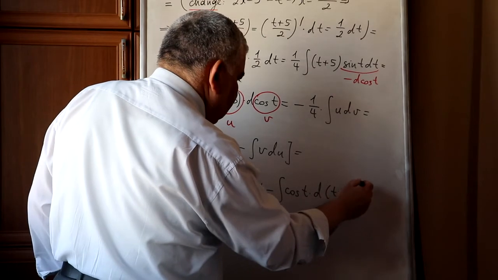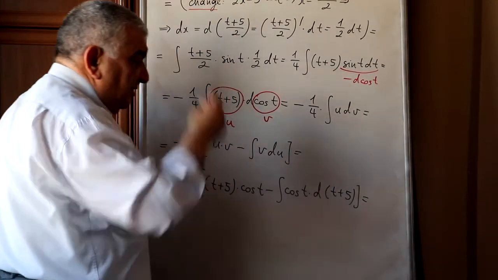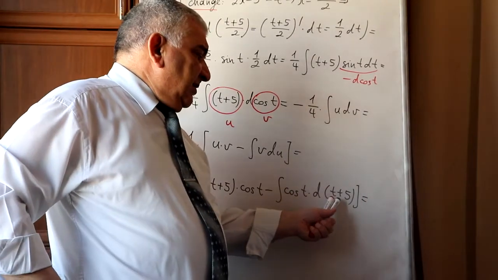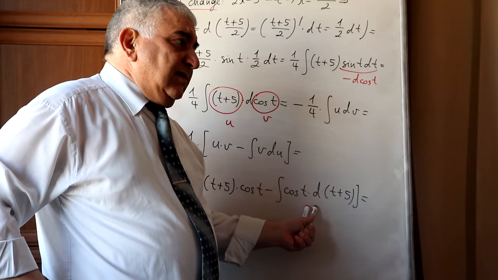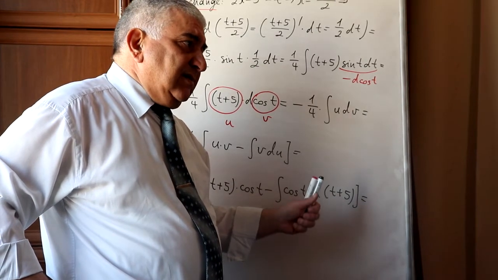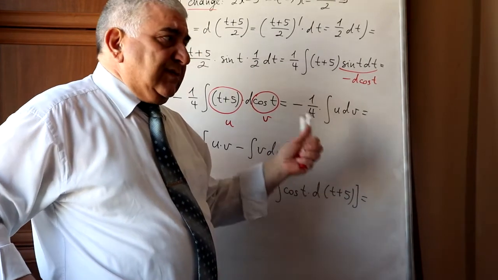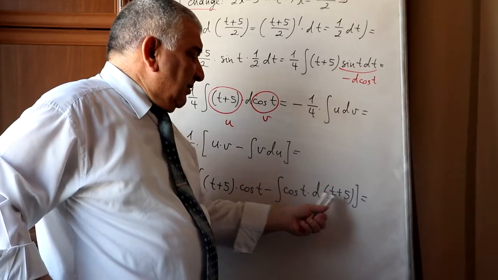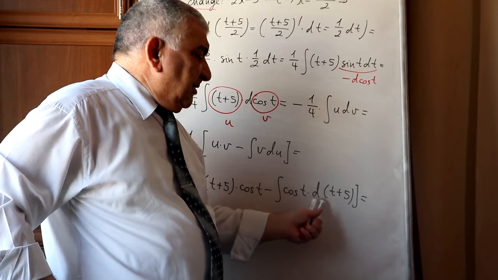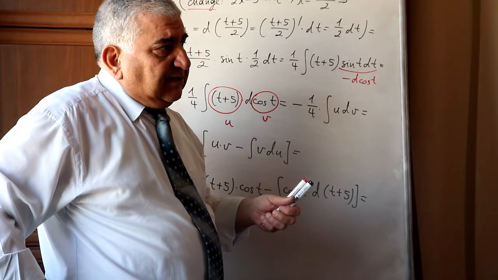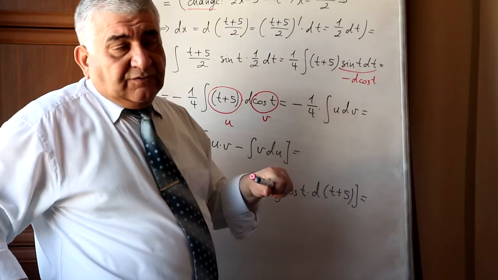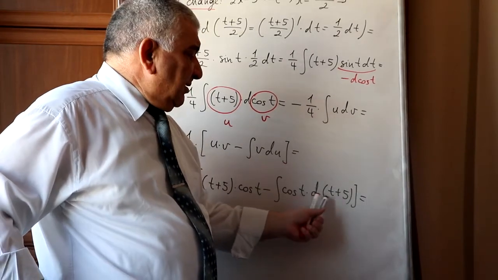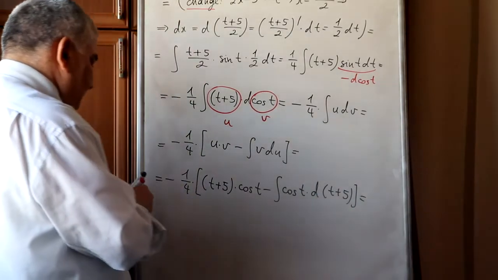But d of (t plus 5) is simply dt, because here we have a sum, and you know that the differential of a sum is equal to the sum of the corresponding differentials. And then we will obtain here dt plus d5. 5 is a constant value, and the differential of a constant value is 0. Therefore, we will have only dt here.